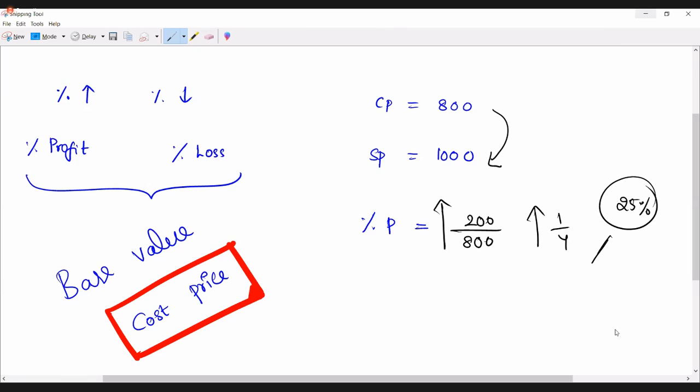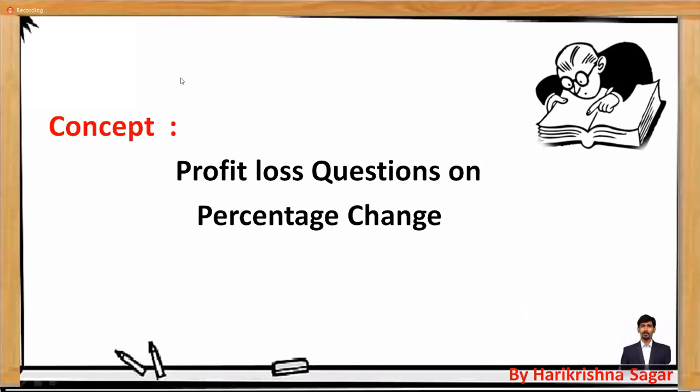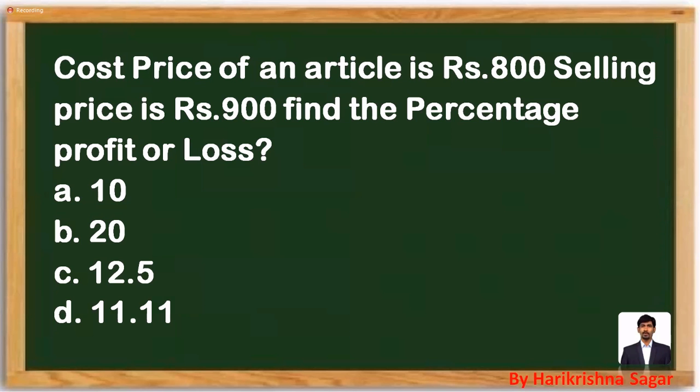So let's look at how the questions are given on this with the different models. Let me project the questions here. The first type of question is percentage change. Look at the first question available on the screen.